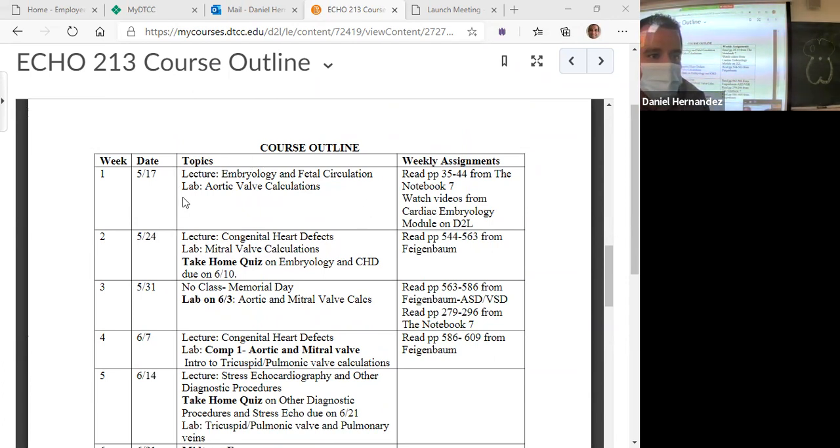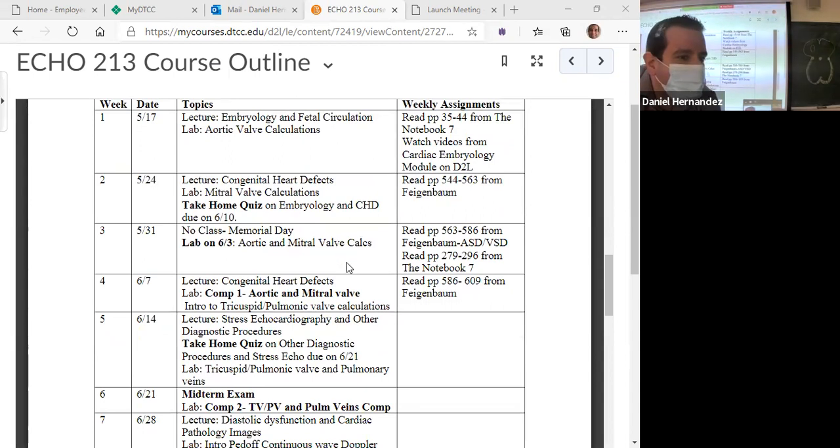We'll also become familiar with mean pressure gradients for when we have to determine regurgitant values. We'll also then follow that, get into mitral valve calculations. That'll include your PISA, as well as pressure halftime. So we'll be practicing those in the lab.